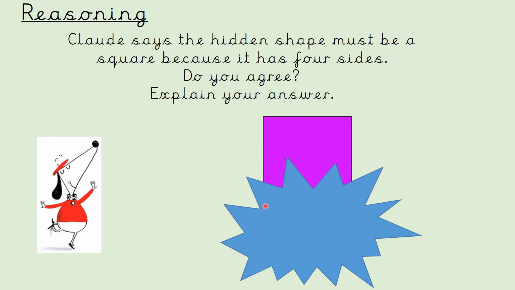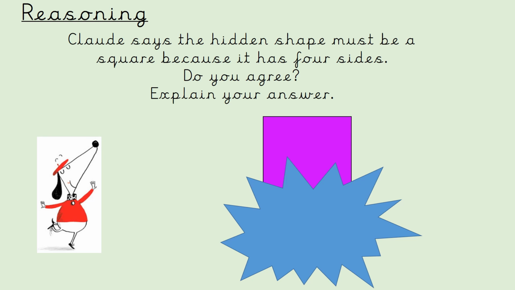Now, there could be a 4th one across here, and that way all of the sides would be equal, so it could be a square. However, we can't see where this bottom side is, so there's nothing to say that it is equal. It could be all the way down here. Now, if the 4th side is all the way down here, could it be a square? No, it couldn't, because then the sides wouldn't be equal.